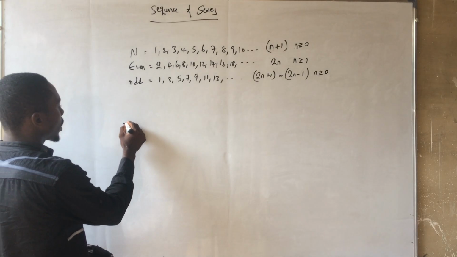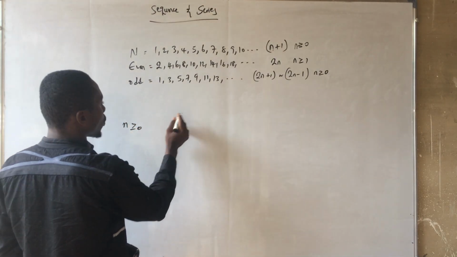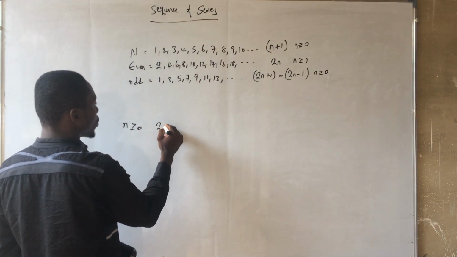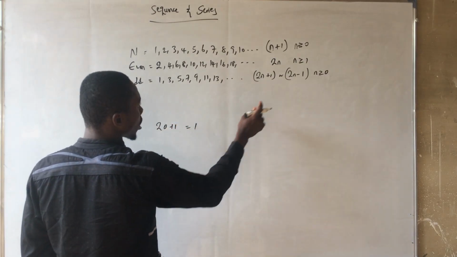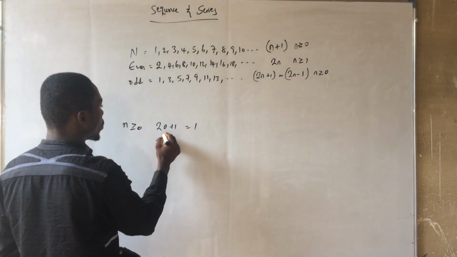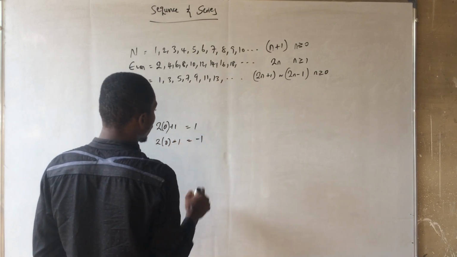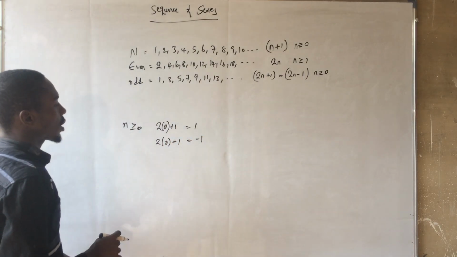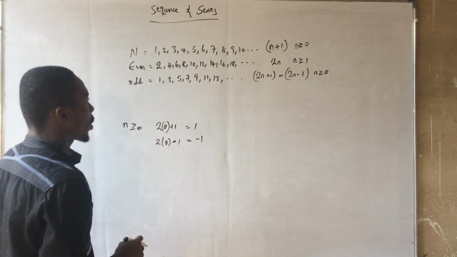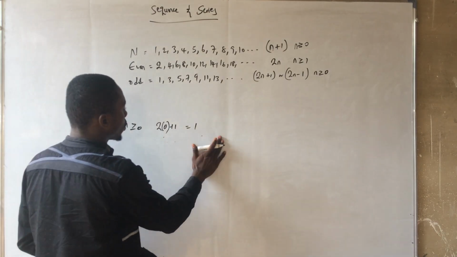If we use n greater or equal to 0, if we put it here, we have 2 times 0 plus 1 to give us 1. Put it here, we have 2 times 0 minus 1 to give us minus 1. So if we are using n greater or equal to 0, we don't use this.